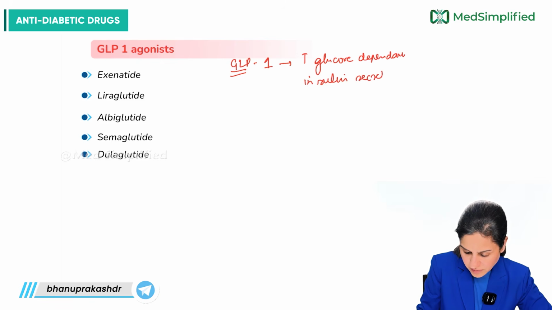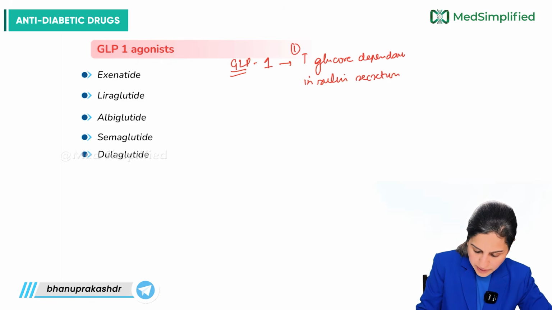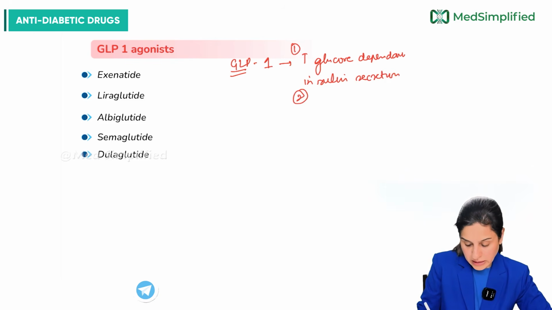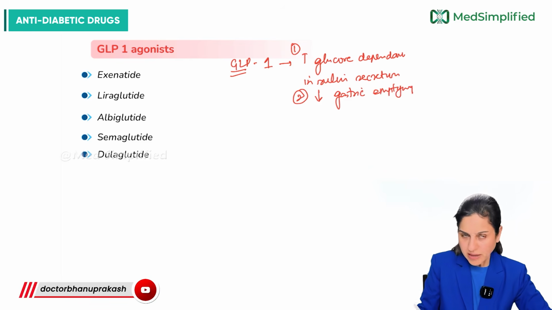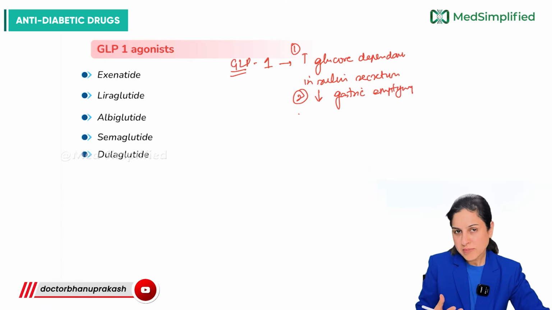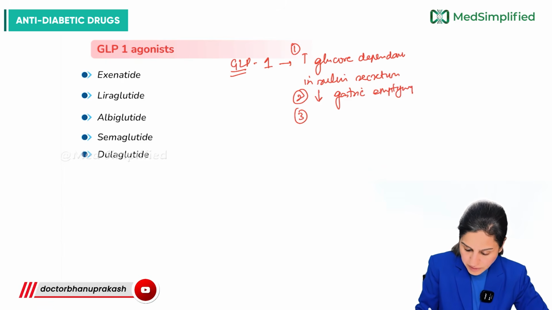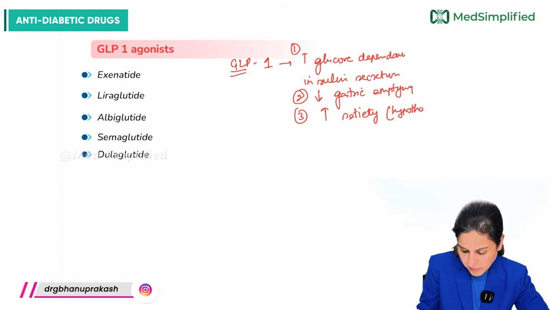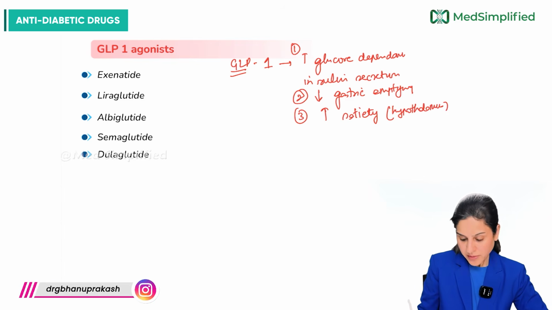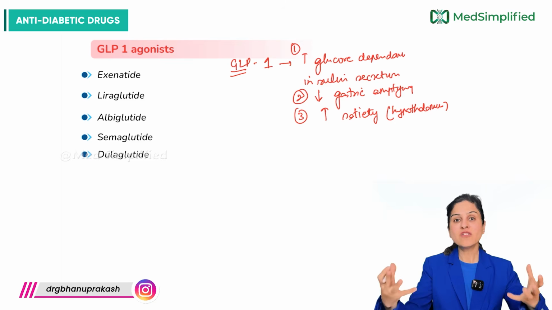That is number one. Number two, GLP-1 also decreases gastric emptying. So the patient will be feeling full for a long period of time. Also, it increases satiety by acting on the hypothalamus, which means that the patient has a feeling of fullness.